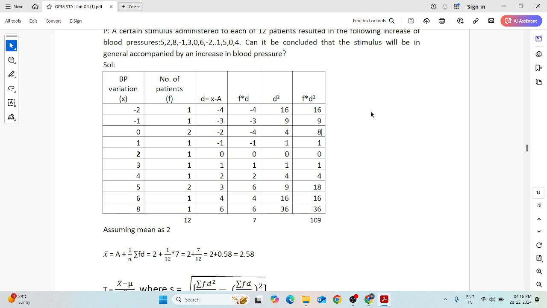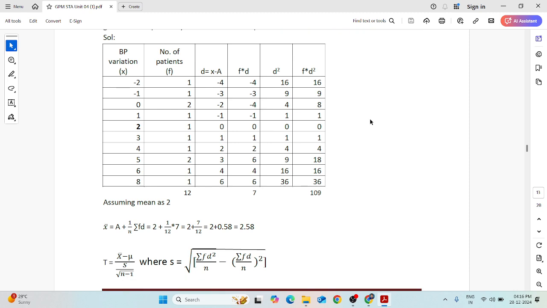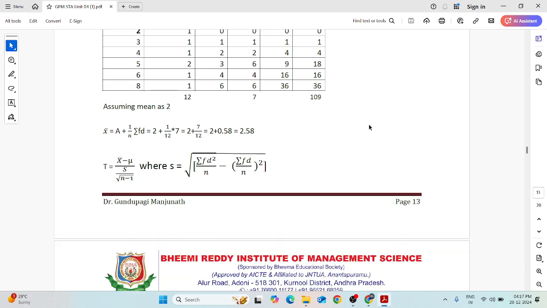This resembles the calculation of the standard deviation, because here we don't have the mean as well as the standard deviation, so we are trying to find both.